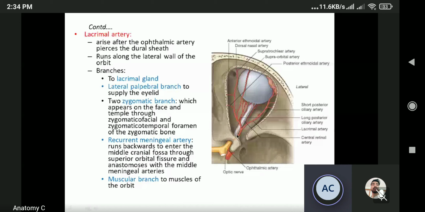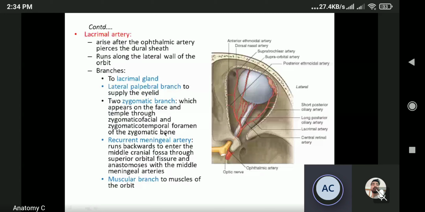It also gives branches to the levator palpebrae, supplying the upper eyelid, and a zygomatic branch, which appears on the face and temporal region through the zygomaticotemporal foramen. In the lateral wall we have these two foramina, through which it gives branches.